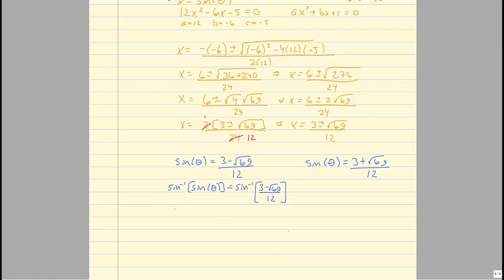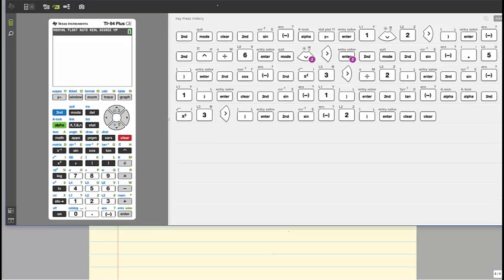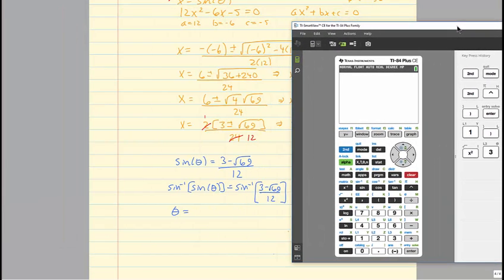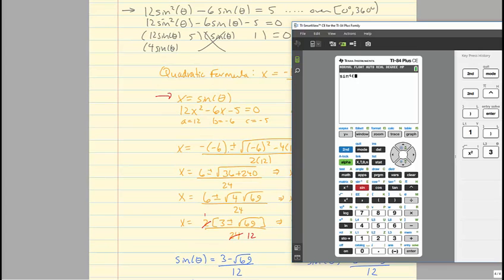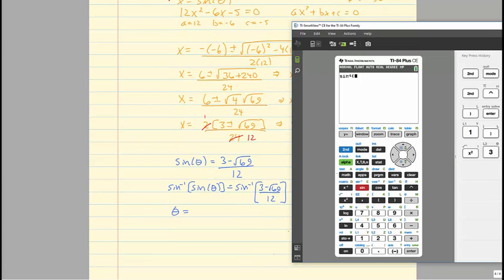Okay, and then over here on the left hand side then I get theta equals, and let's pull our calculator in. So I'm looking at the arc sine or the inverse sine, and am I supposed to be in degrees or radians? Okay, so up here I'm in degree mode, and my calculator I'm in degree mode, so I'm okay there.